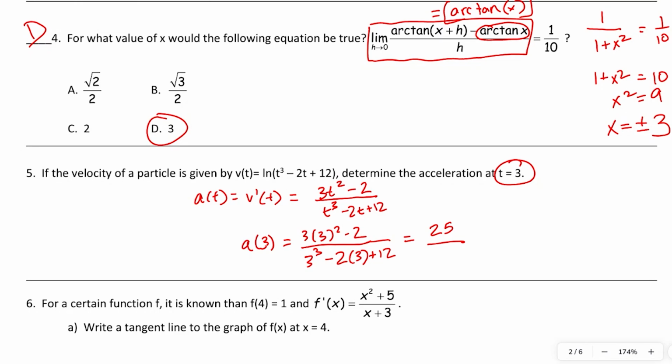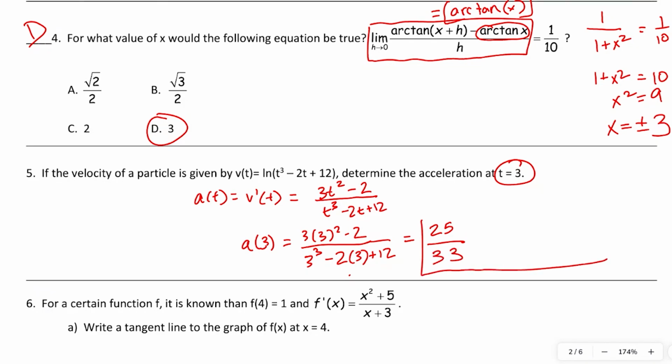And then on the denominator, we've got 9 minus 6. Hold up. Oh, wait. That's 3 cubed. Sorry, that's not 3 squared, so not 9. But 27 minus 6, that would be 21 plus 12 is actually going to be 33.